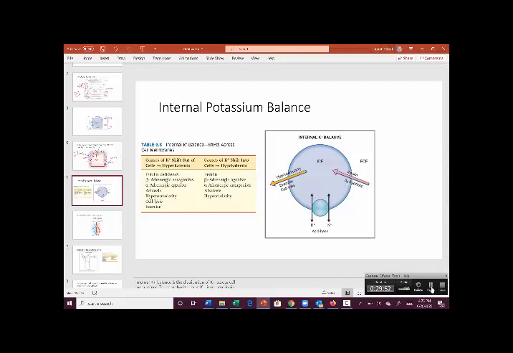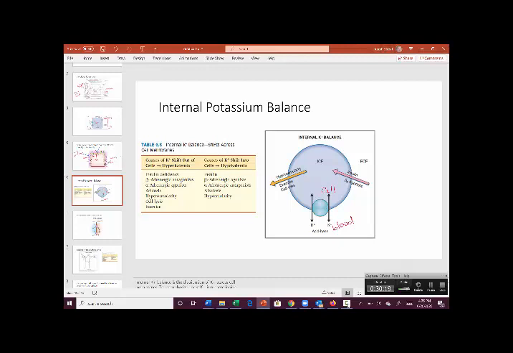I'm going to explain what internal potassium balance is first. Simply put, internal potassium balance is referring to the shift of potassium inside a cell, or out to the blood, or potassium shifting from blood into a cell. So cell to blood or blood to cell.